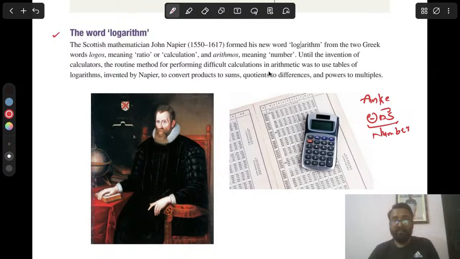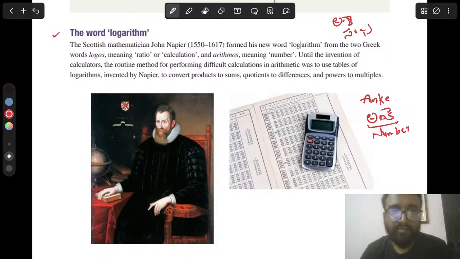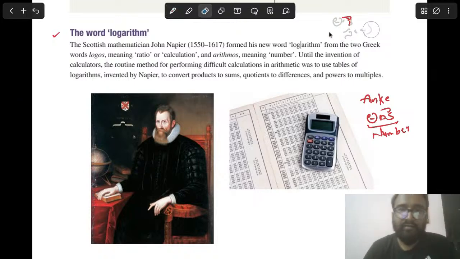Number means sankhyalu. It is complicated, right? So that's numbers in plural.